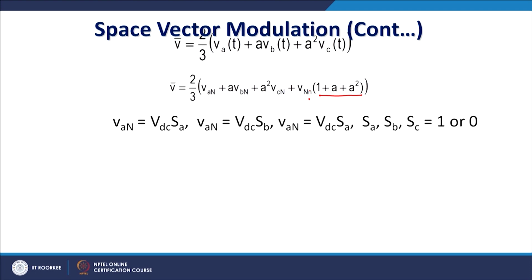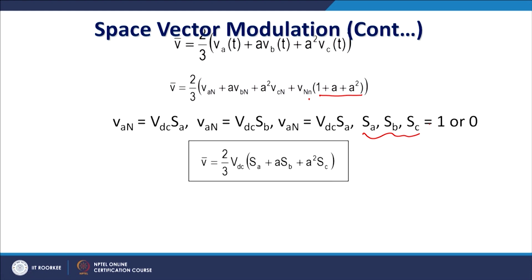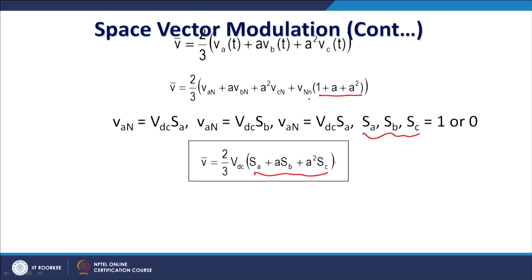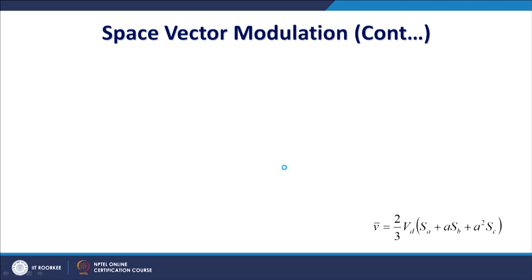Similarly, VBN is VDC into SB, and similarly VCN, where SA, SB, SC can be 0 or 1. Thus we can write V average is 2/3 of VDC by the combination of the voltages, and the others are shifted by 120 degrees in this mode.